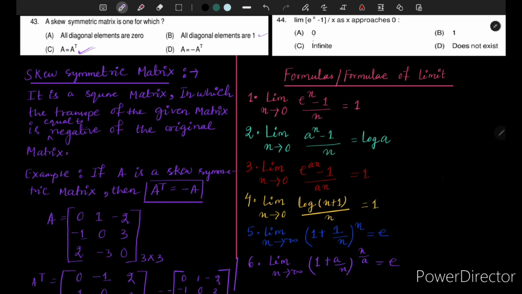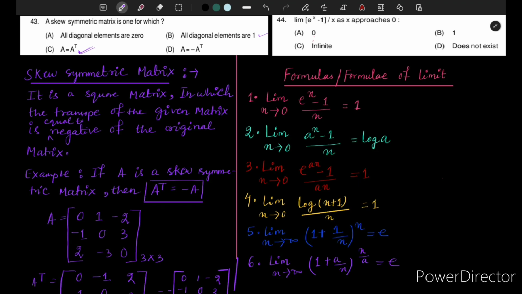That means if a matrix is given and after finding its transpose we get the same matrix, then that is called a symmetric matrix. That means the matrix is equal to its own transpose.